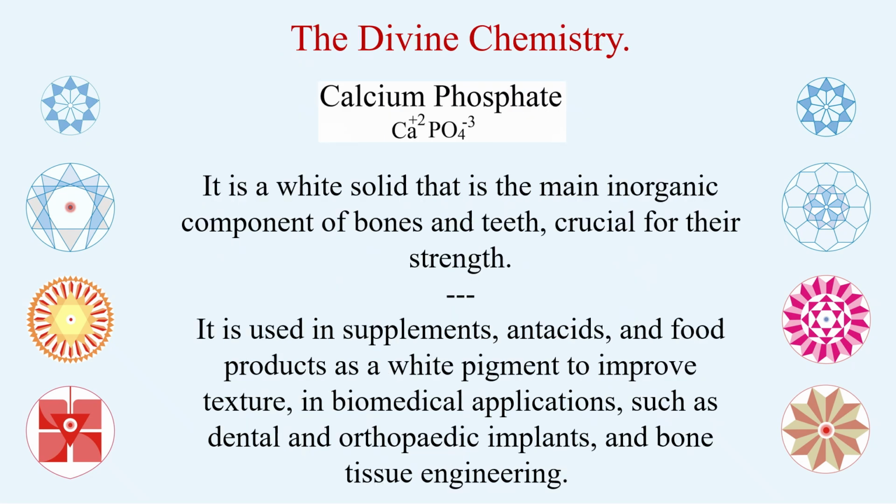Now come to the question another way. It is a white solid that is a main inorganic compound of bones and teeth, crucial for their strength. So the main ingredient of bones and teeth is calcium phosphate.